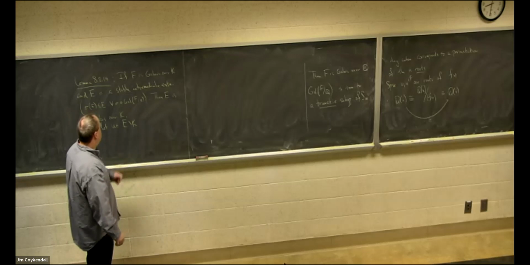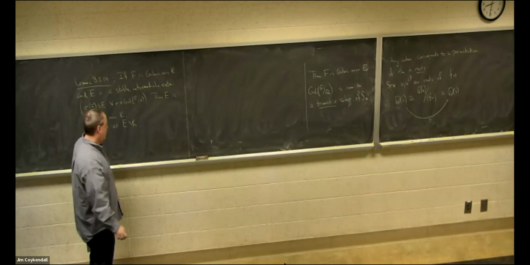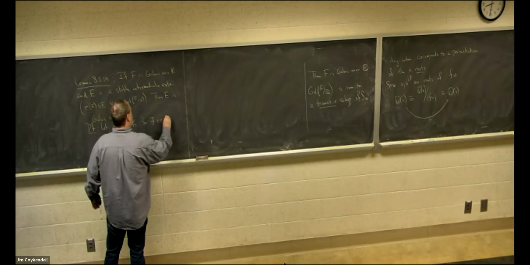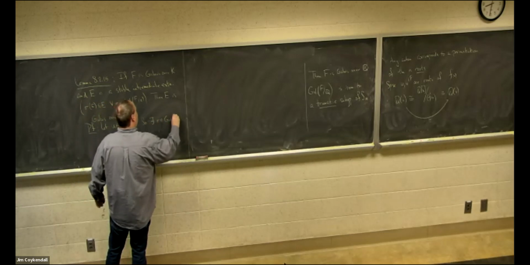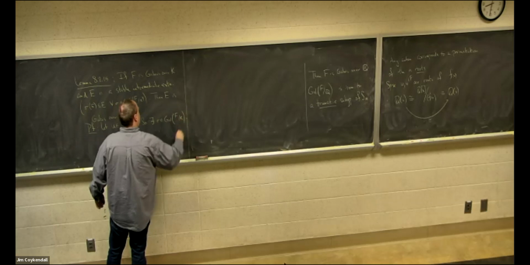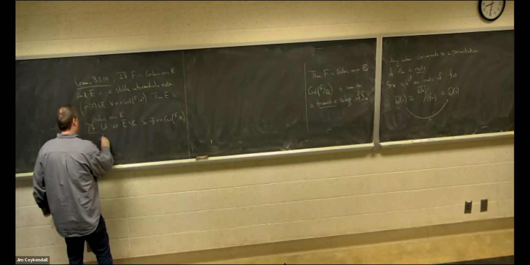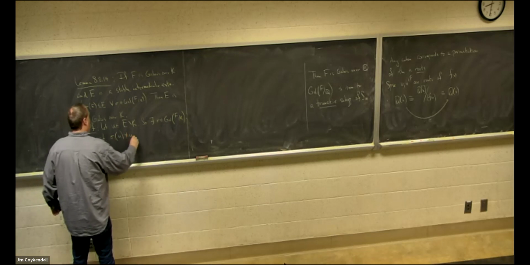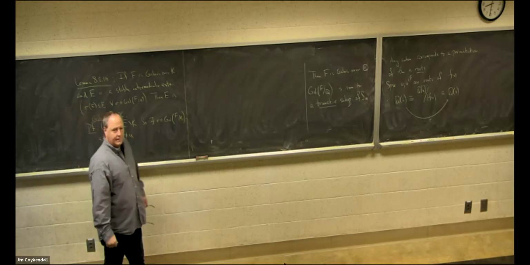So let U be in E minus K, in particular, U is not in K. So there exists sigma in the Galois group of F over K, such that sigma of U is not equal to U. Right?